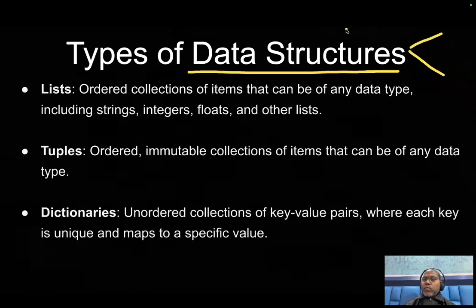In linear, you talk about the array, the stack, the queue, the vector. Similarly, in non-linear data structures, you can talk about the tree and the graph. As a Python programmer, there is no need to go through the complete data structure subject.